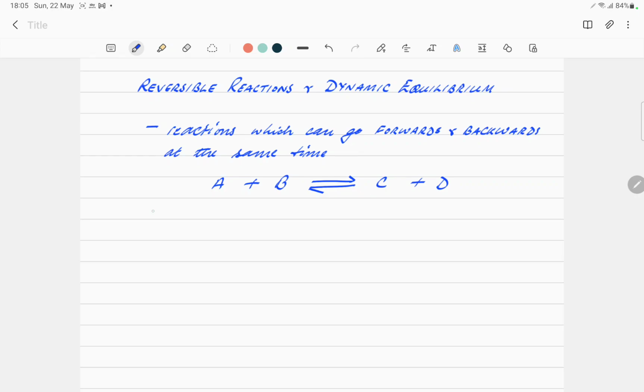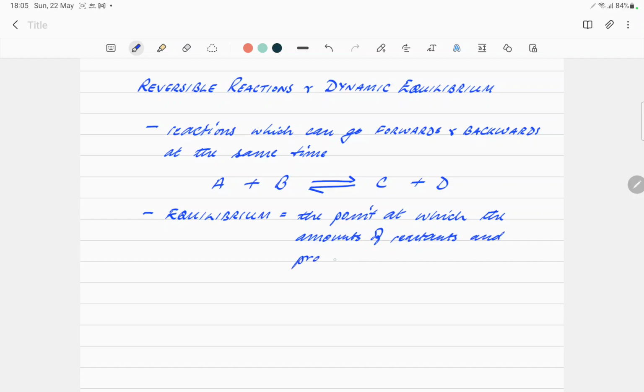So from that, we have an equilibrium position, which is defined as the point at which the amounts of reactants and products stop changing.